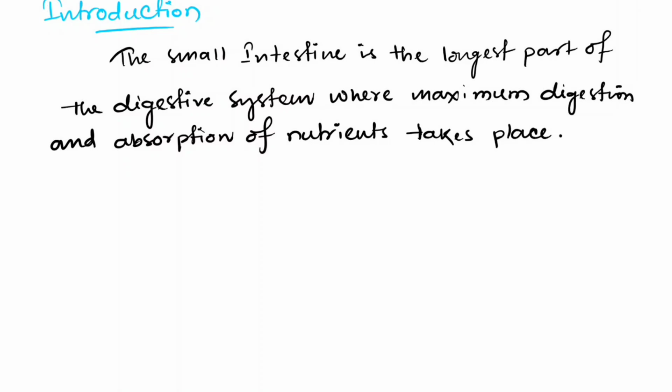So here, what is the introduction? Small intestine is the longest part of the digestive system where maximum digestion and absorption of nutrients takes place. We have to remember that maximum digestion and absorption of nutrients takes place only in the small intestine. Next we will go for the length.